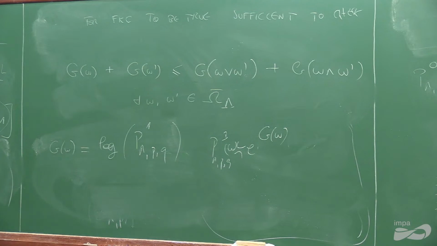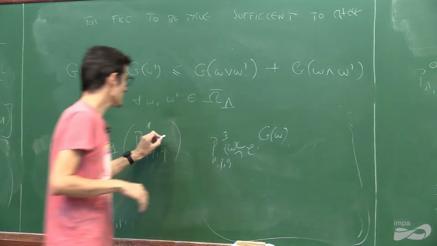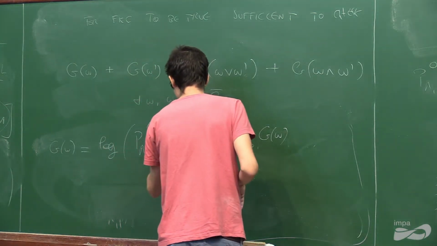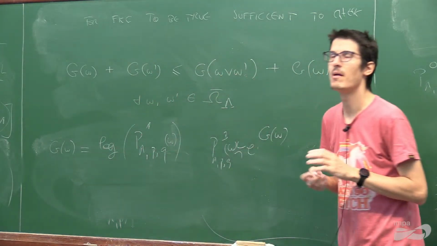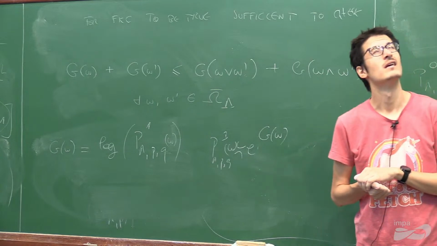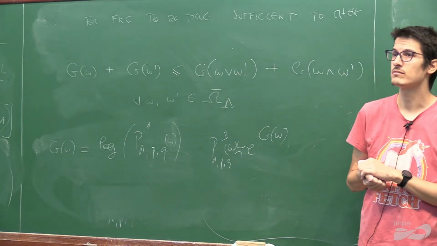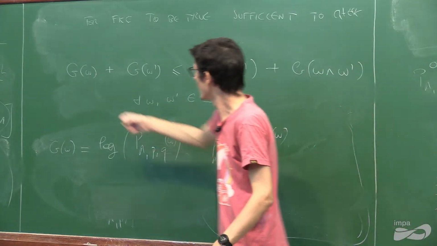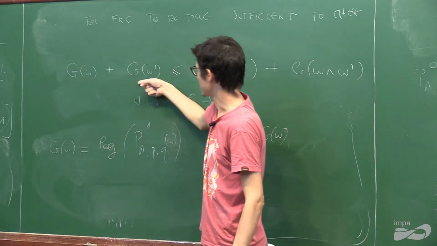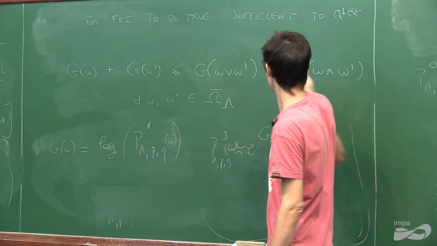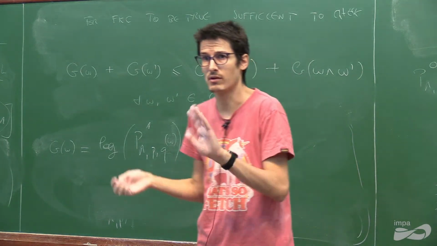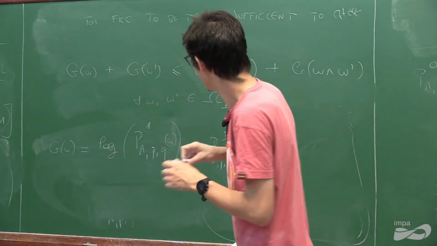So if I take the log of the probability of omega, I don't really have to worry about the partition function, because everything cancels. The constants here are not important.